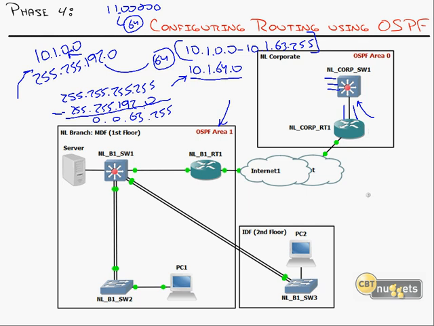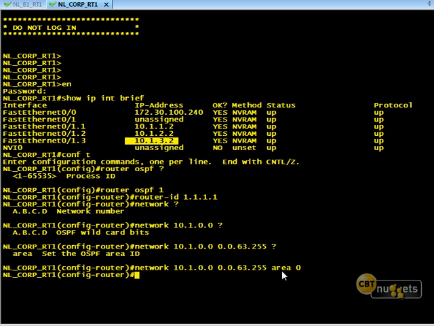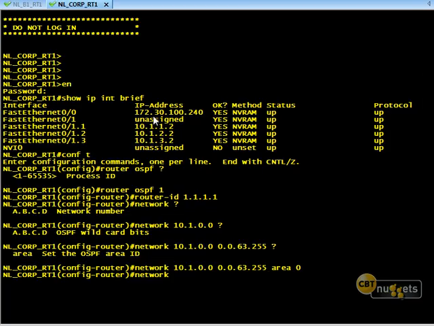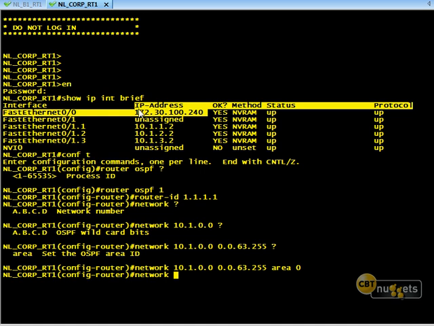So now when we come back to the router, let's get the other network command out of the way. Remember, in the instructions it said to use one additional OSPF network statement with a wildcard mask of all zeros to form neighbors in area 1. Well, area 1 is the MPLS cloud. That's this guy.